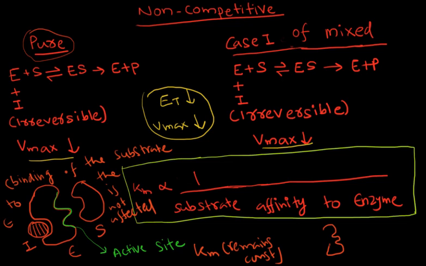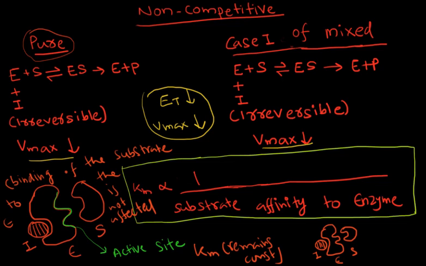Let us suppose this is the enzyme, and this is the substrate, and this is the inhibitor. So the inhibitor binds at some other place other than the active site.